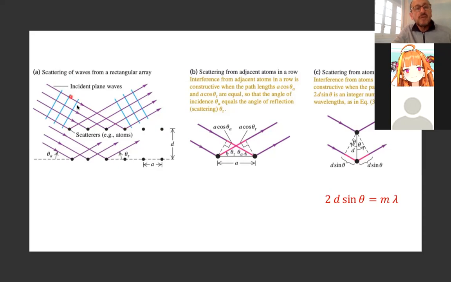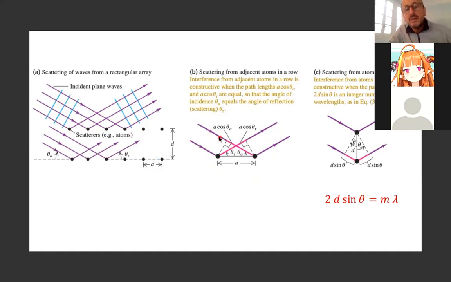Okay, so the angle of incidence here is measured with respect to the plane, not the normal. This is the plane, this is theta A. If this angle is theta A in the incident beam and theta A in the outgoing beam, these two things are going to be in phase. This is essentially what it shows, here in detail between the two atoms.